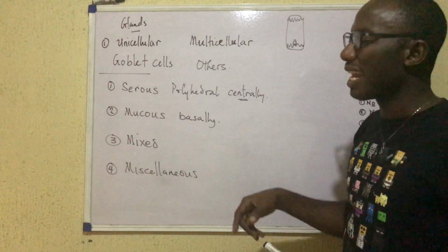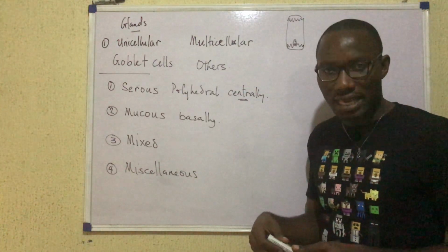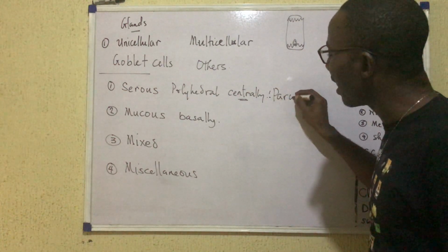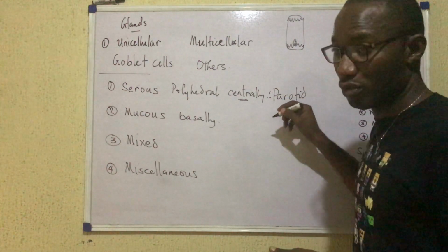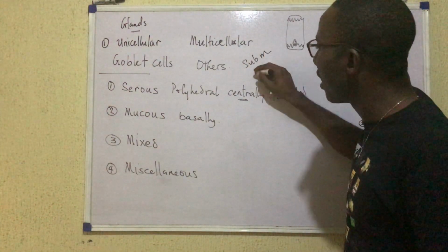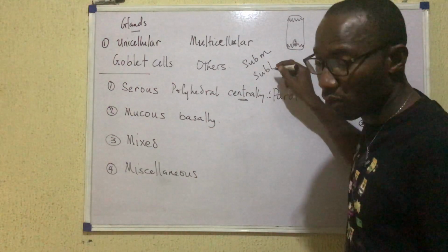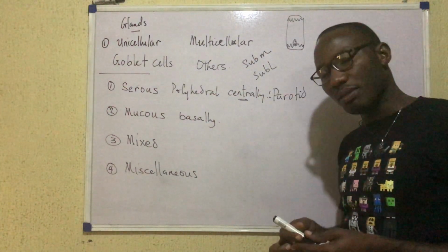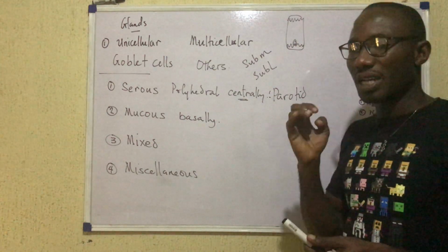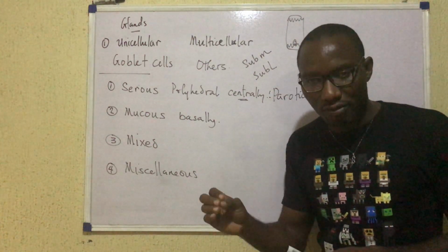For serous glands, do we have any example? Yes. The parotid glands. If you remember, the salivary glands are of three main groups. We have the parotid, the submandibular, and the sublingual glands. Those are the three groups of salivary glands.